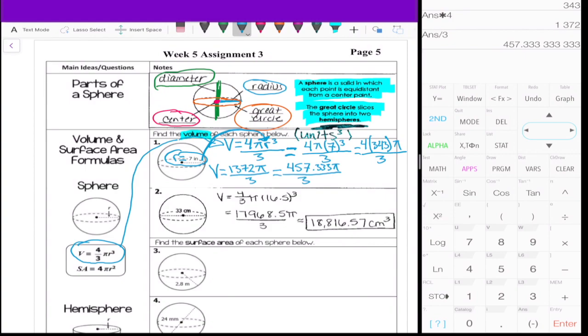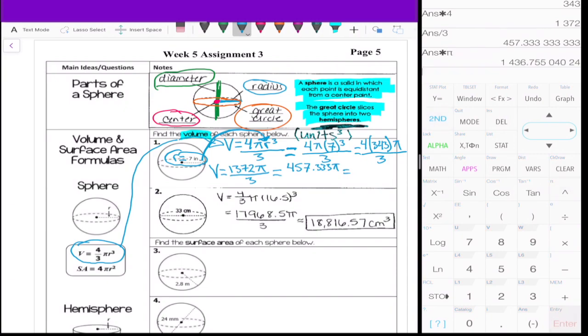Now, I already divided by 3, so let me erase that real quick. Sorry. Where's the eraser? There it is. Okay. So now I've got to multiply 457.333 times pi.